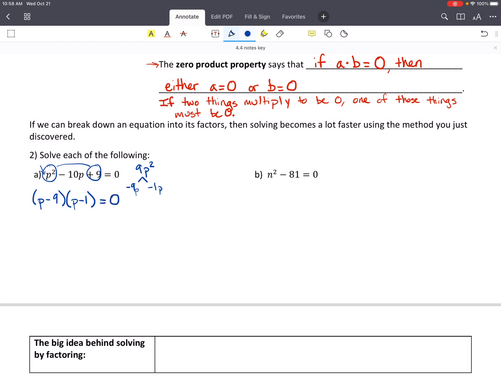Well, hey, look at that. I have two things that multiply to equal 0. And the zero product property says if two things multiply to be 0, then one of those things has to be 0.